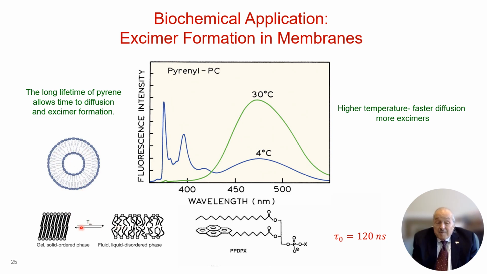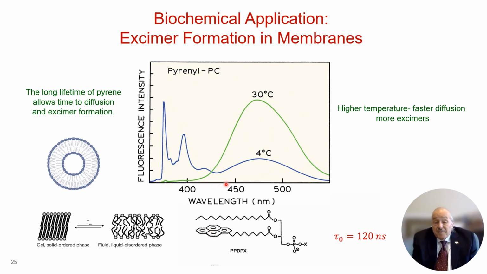And it was examined at different temperatures, below and above the phase transition. So below the phase transition at 4 degrees, this molecule cannot diffuse very far, and the emission is dominated by the pyrene emission itself without forming an excimer.